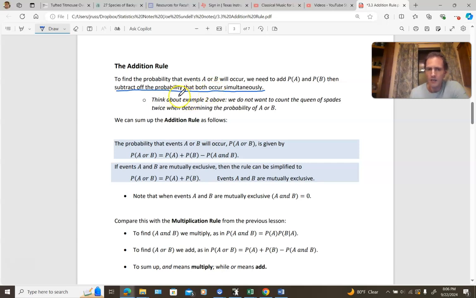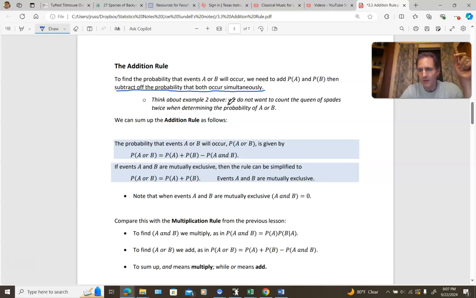So think about that example above when we were talking about the queen of spades. If I were to just calculate the probability of selecting a queen, that would be 4 out of 52. And if I were to calculate the probability of selecting a spade, that would be 13 out of 52, because each suit has 13 cards. But what we have done there, guys, in adding those 2 probabilities together is we have counted that one card essentially twice.